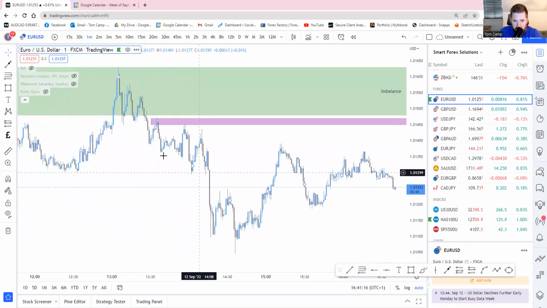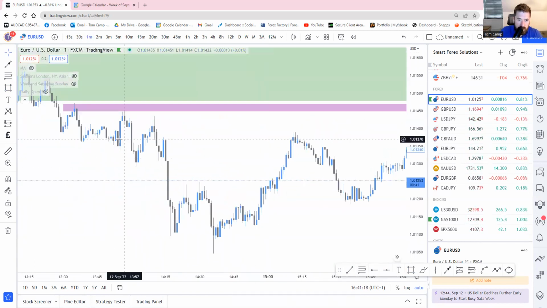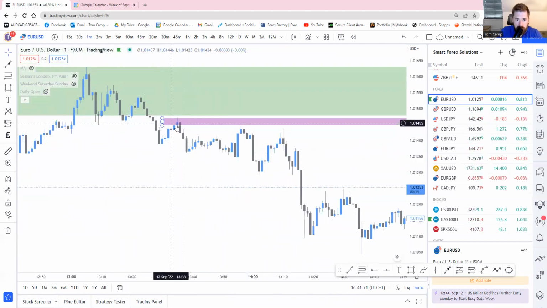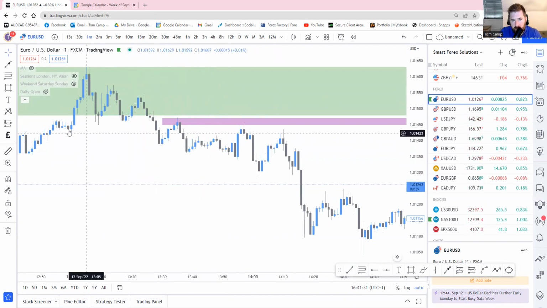Came back up. Now, straight away, I've already got it highlighted. What I liked was this up candle because we had a continuation of structure. High, low, high, low. Continuation of a downward trend. You can see here we've broken structure, we've come back in, we've mitigated, we're now traveling down.